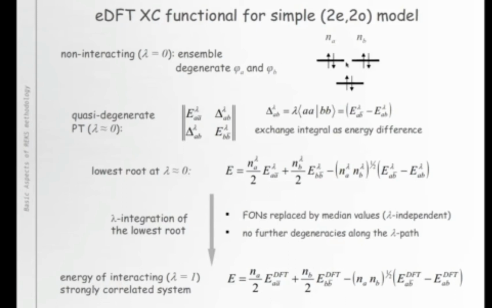However, in this case, I have an ensemble system where two fractionally occupied orbitals are degenerate, and they are occupied with some fractional number of electrons, Na and Nb, for each of them.